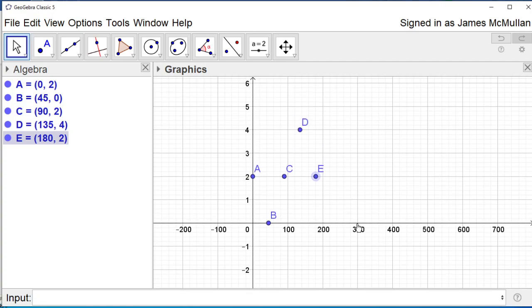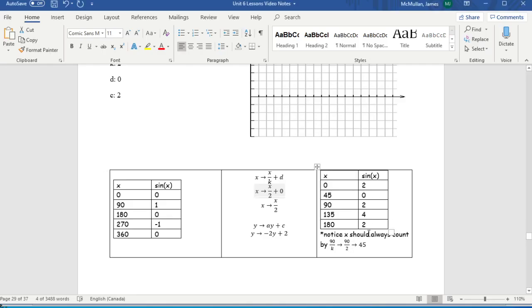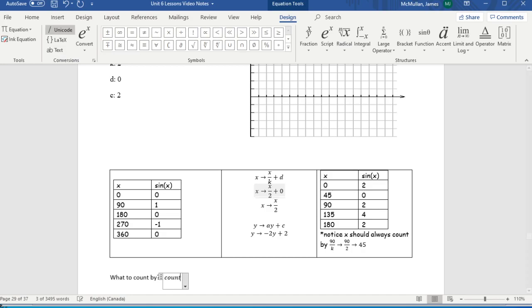Now, again, one of the things about what to count by, it's often good to count by d. Let's say count by a number that can easily represent d.